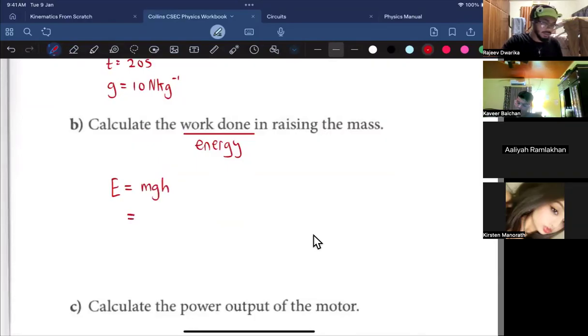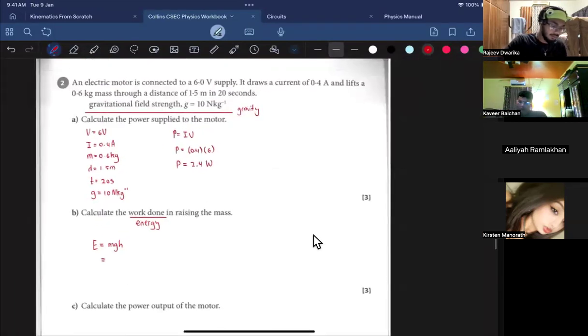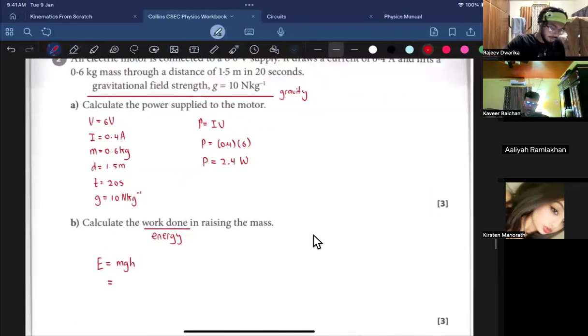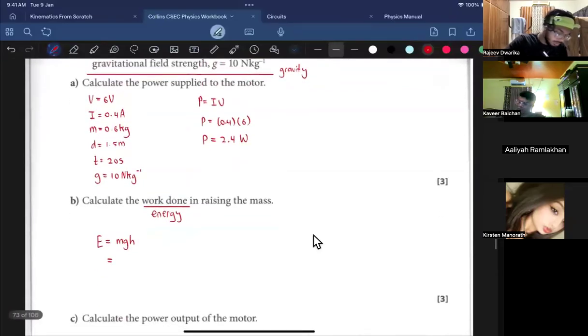Do you understand why this was the most suitable formula to use? Because it had mass, gravity, and height. All right, so what's the mass? The mass is 0.6. What's the gravity? Gravity is 10.